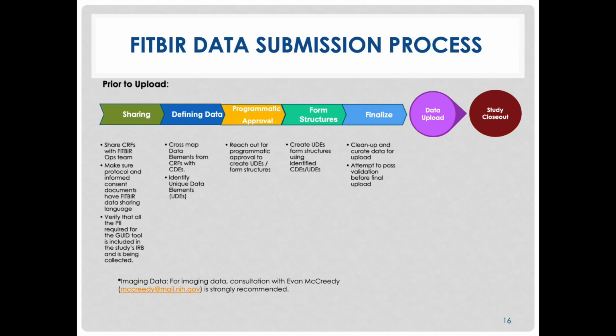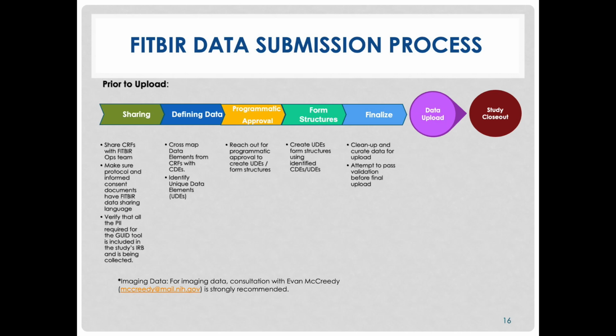The fourth step is form structures, which involves creating UDE form structures using identified CDEs and UDEs. The fifth step is finalize, which includes cleaning up and curating data for upload. Attempt to pass validation before final upload. After the 5 steps are completed, the data can be uploaded into FITBIR.